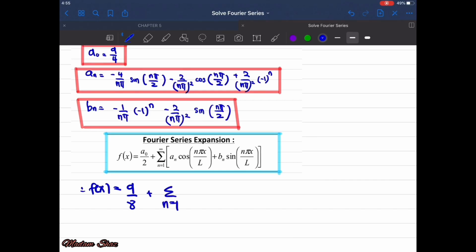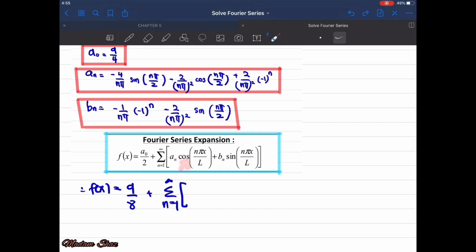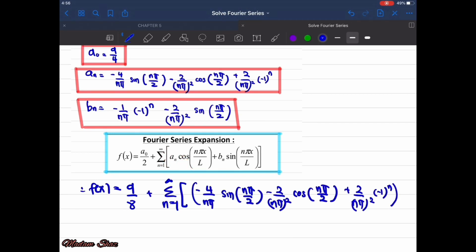Summation n equal to 1 until infinity. In the bracket an, you have to substitute all the value of this an, multiply with the cos n pi x over L, whereby our L is equal to 2.